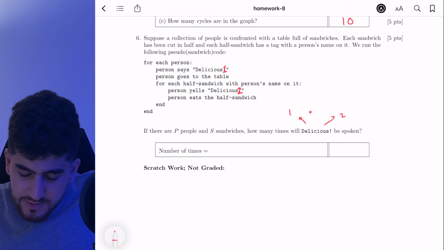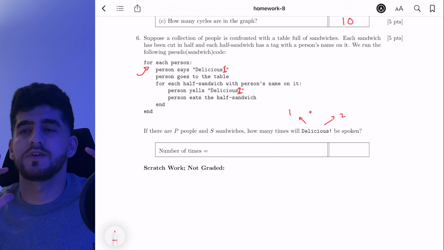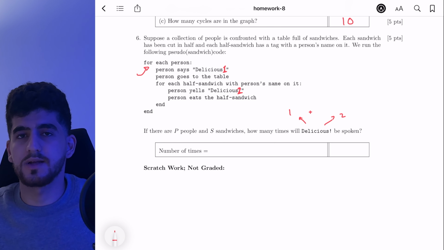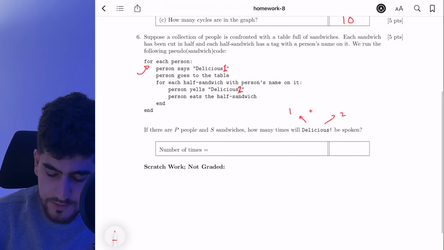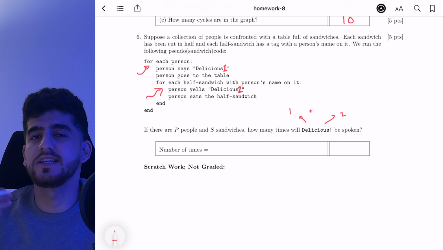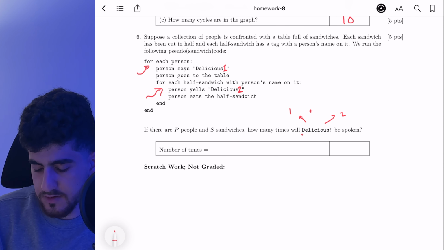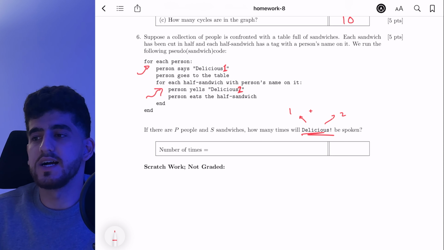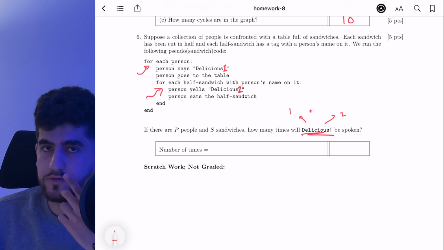Even though it seems like a nested loop, and when you have a nested loop, you have to multiply something, this is not like that, because we have 2 types of a person saying delicious, and any of the times that delicious will be spoken, it is in one of these 2 categories. It is from one of these 2 forms.